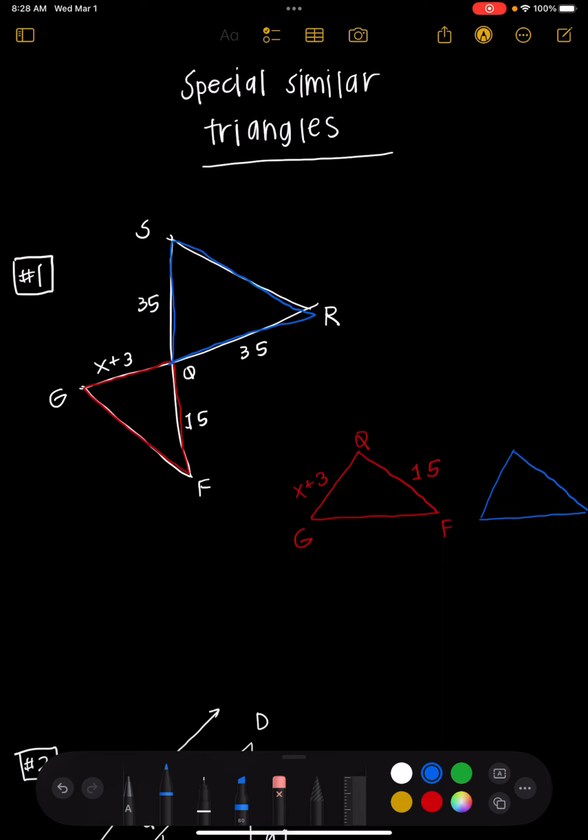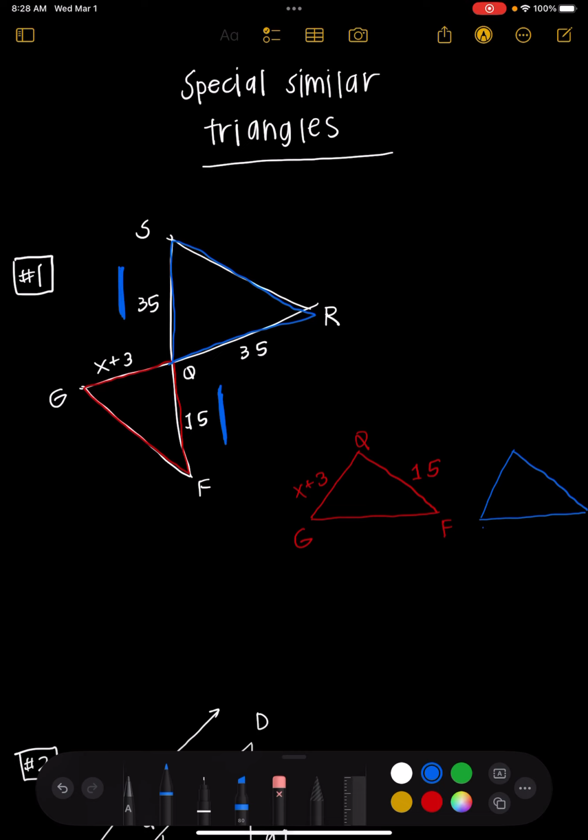This is where you need to really be thinking about how these triangles flip. Normally, this side right here, the one with the 15, is equal to this side right here, the one with the 35. So it's almost like we flip around the blue triangle.